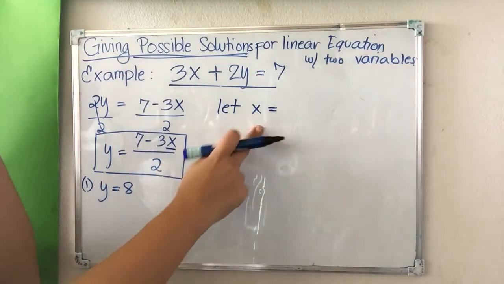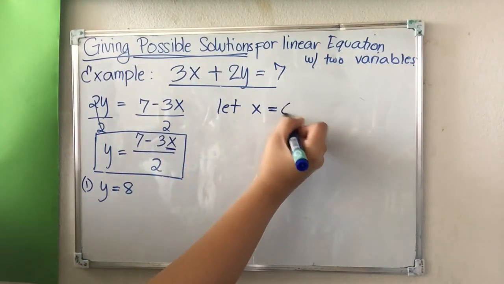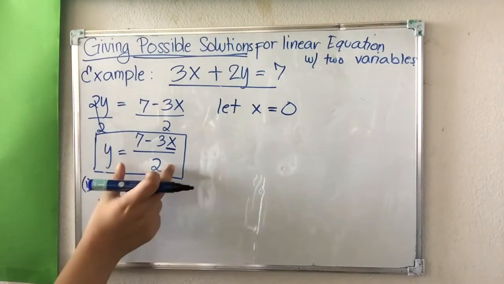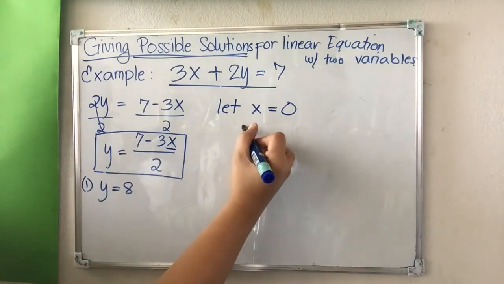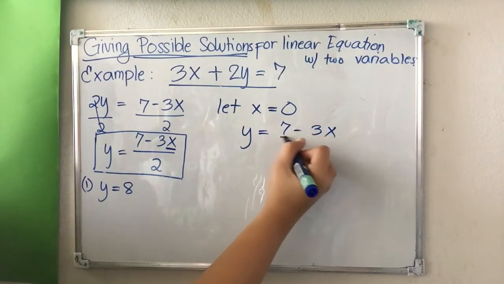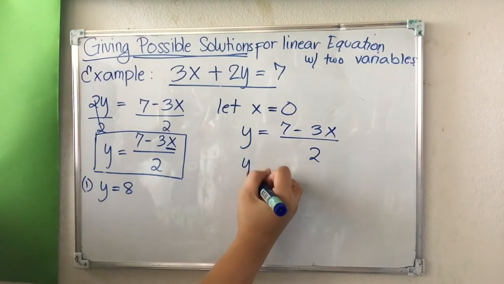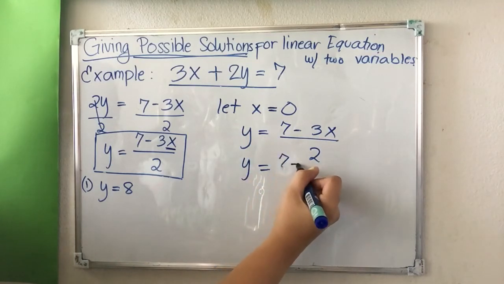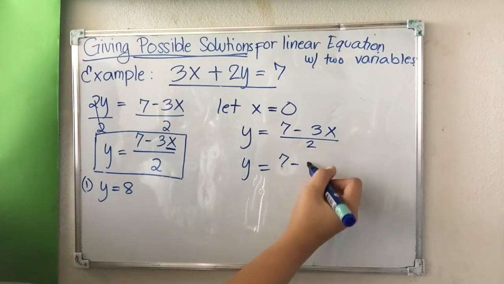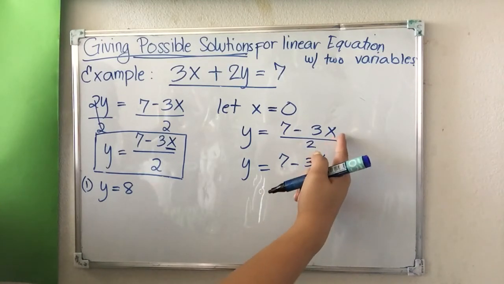So let x be equal to 0 this time. With the same equation, y is equal to 7 minus 3x over 2. So y is equal to 7 minus 3 times x.